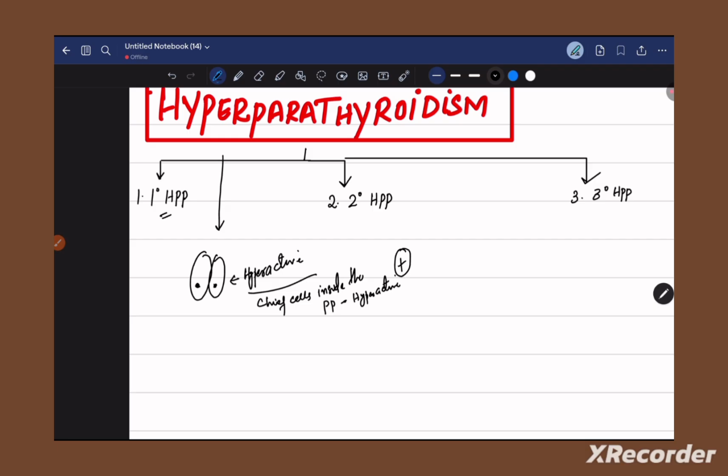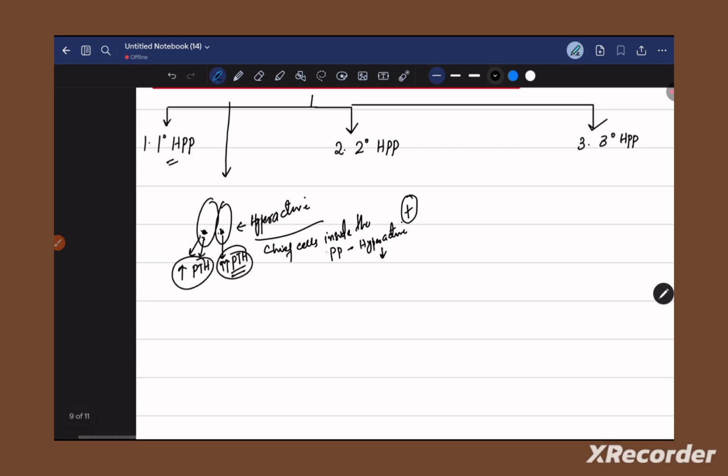We will discuss that. When the chief cells become hyperactive, they will start to release increased PTH. What are the reasons that these chief cells inside the parathyroid gland become hyperactive?